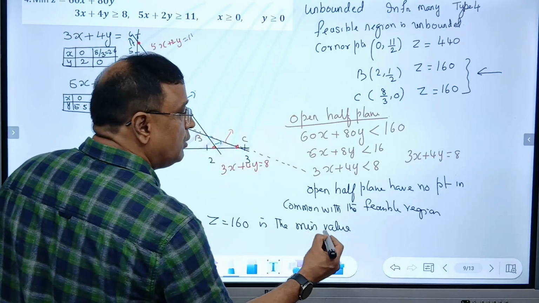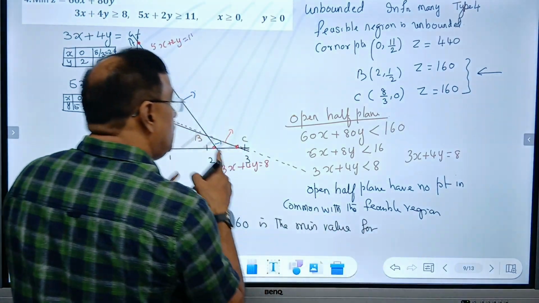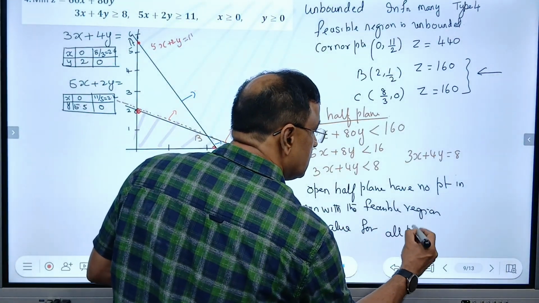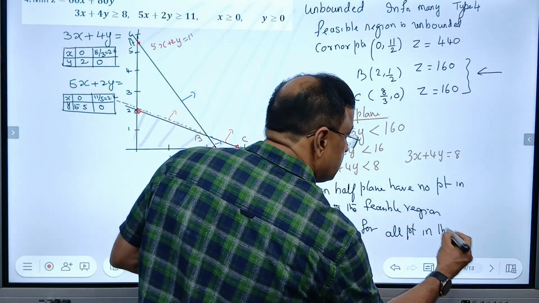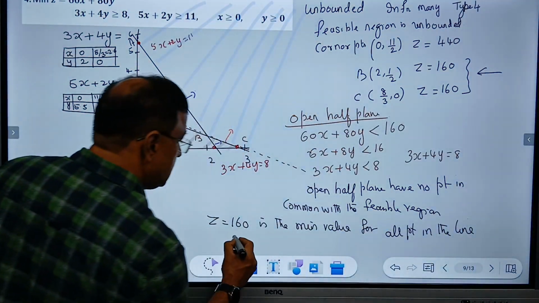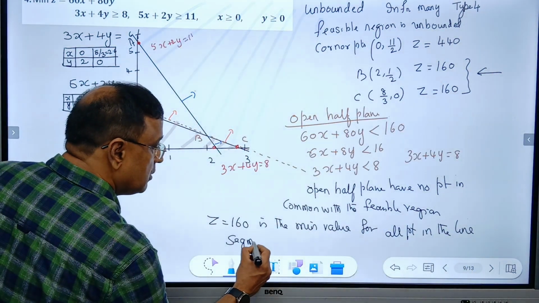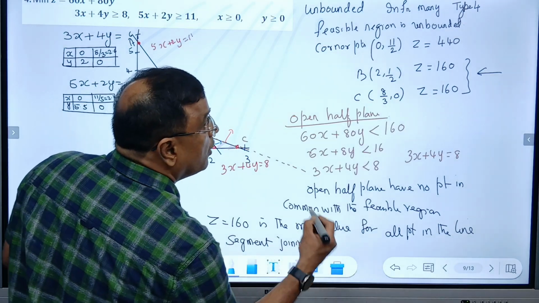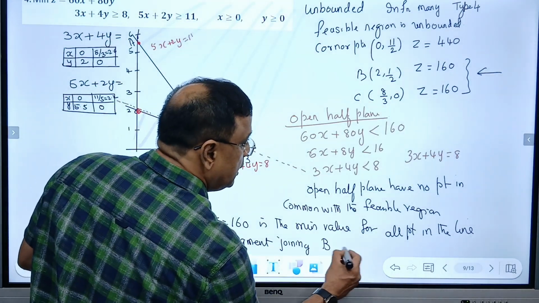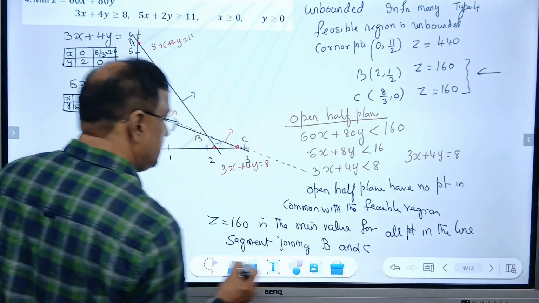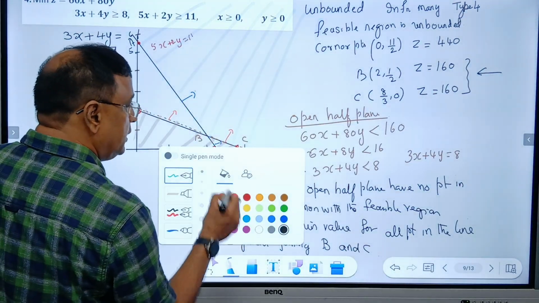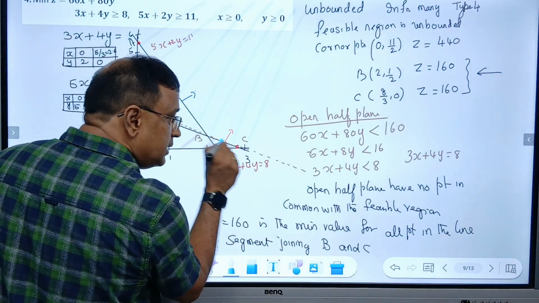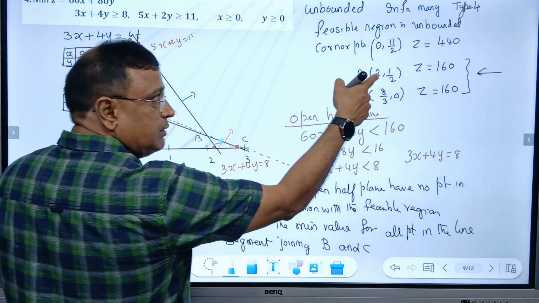Is the minimum value for what? For not just 2 points, but all points in the line segment joining B and C. For example, if I choose a point here, for every point in between B and C, Z will be 160.